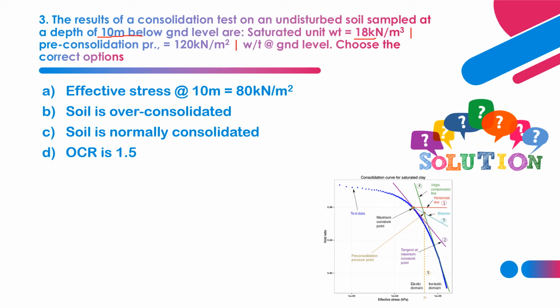We have to check each option to find whether option A is correct or not, option B is correct or not, and so on, so that we can get the correct options. Not only one option is correct, more than one option is correct. We have to find whether OCR is 1.5 or not. So pause this video and calculate the question with the options.